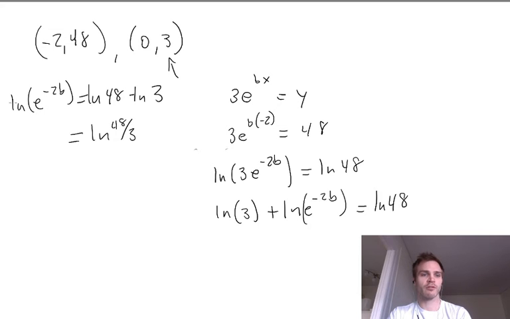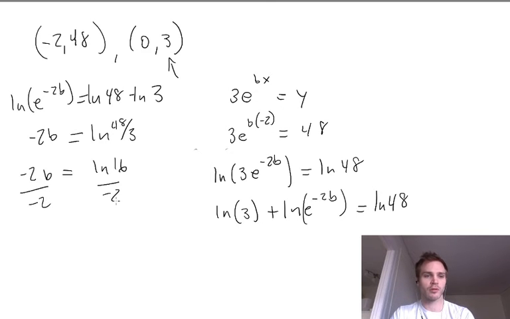And then the natural log of e to the anything is just the exponent, right? This log is the inverse of the exponential function, so those cancel. Now, 48 divided by 3 is 16, so this becomes log of 16, and then we divide by negative 2, and we get b equal to negative log 16 divided by 2.